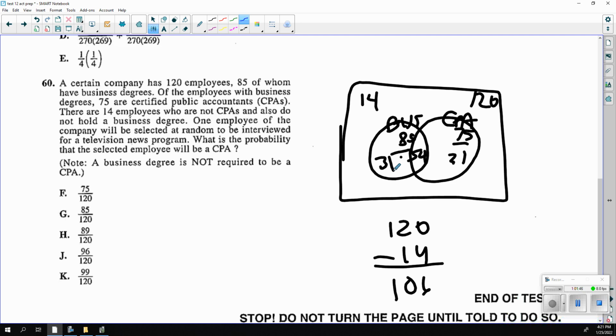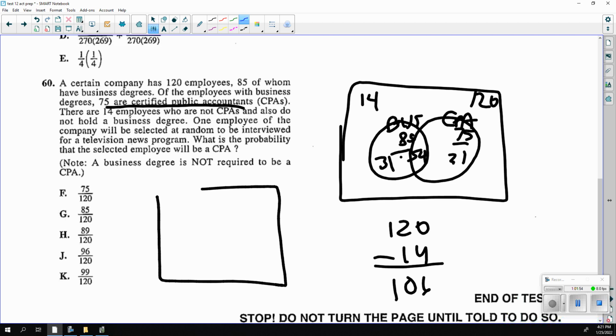Oh. So 75 is out of the business. I was counting it wrong. So the business is 85, and of those, 75 are here. So 75 are CPAs, and that would mean that only 10 are not, and that would leave 14 outside.